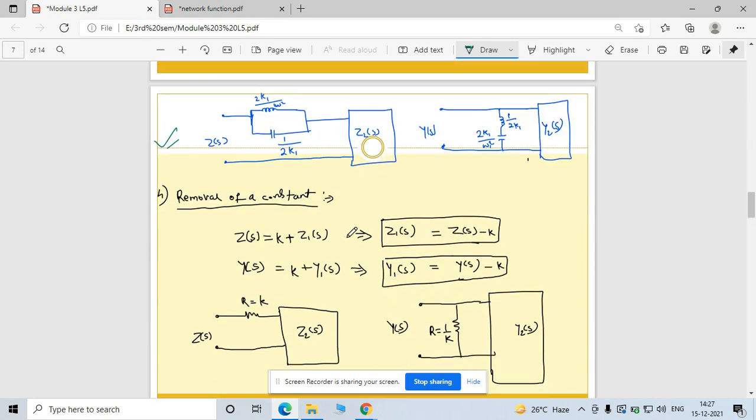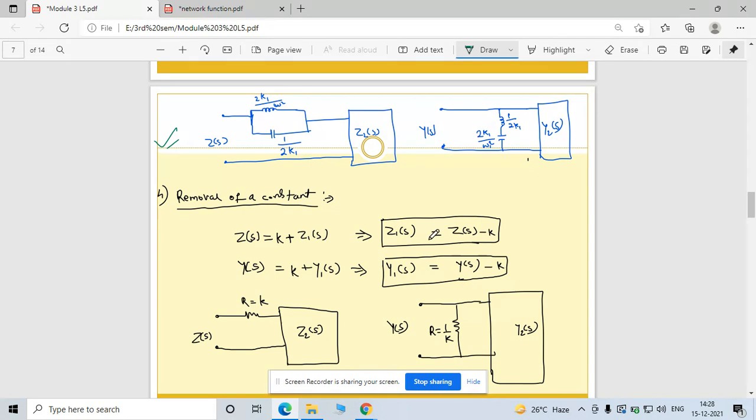Now see here, generally this constant is represented in this format, right? You want to remove that constant k, and this constant represents either your resistance or your conductance, right?